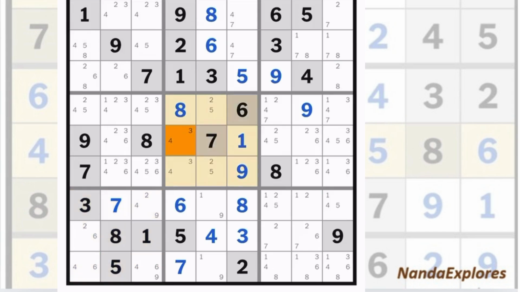So this is 3, 4, this is 2, 5, 1, 9, 4, 7. Then we come to this. So we have 1, 2, 3, then 4, then 2, 5, 6, then 2 7s, then 8 is already there, so we remove 8, which is a wrong entry. Then 8 is already there, then 9.